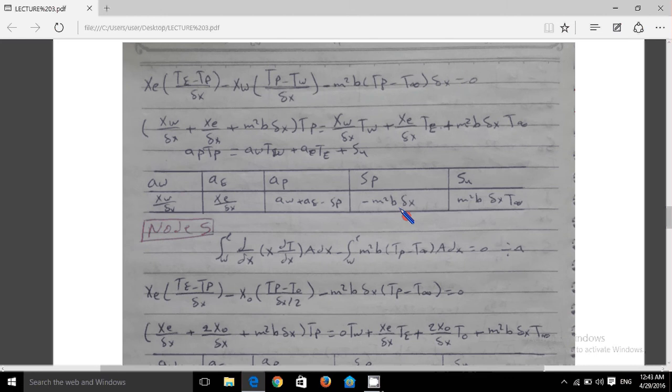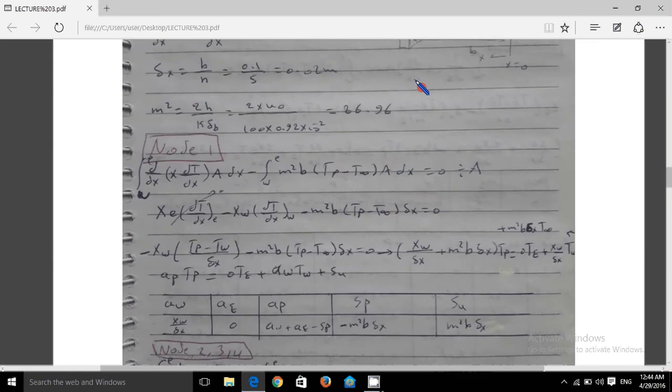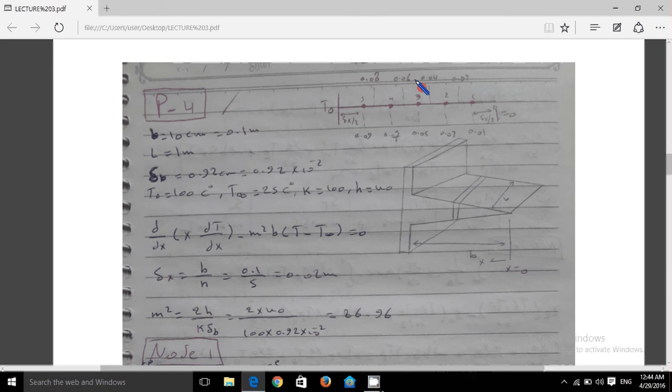And then I will substitute it. dT over dx at the east side is equal to T east minus T point over delta x, and dT over dx at the west side is equal to T point minus T west over delta x, minus m square b (T point minus T infinity). To the people who don't know how it came, every point has a west side and an east side.